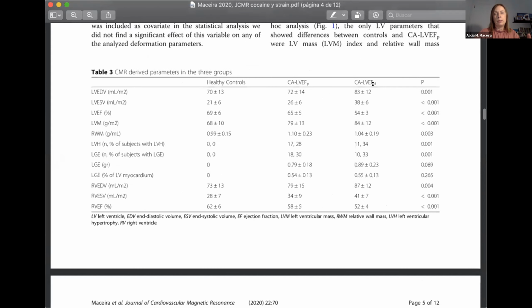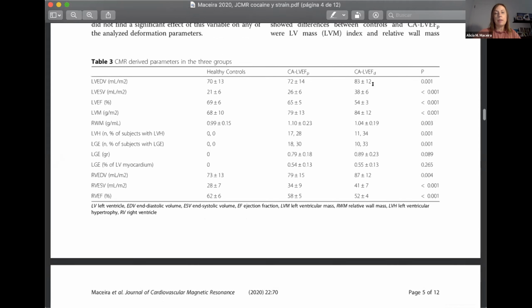Again, we examined volumes, ejection fraction, mass, late gadolinium and presence of edema, and you've got the results here. There were differences, obviously, between controls and cocaine addicts, and between the two groups of addicts with regard to volumes, mass and ejection fraction.